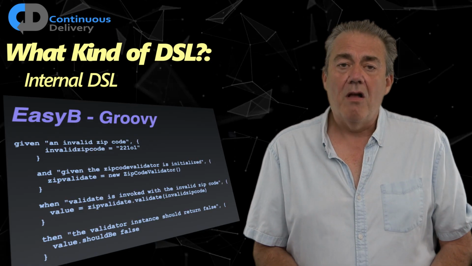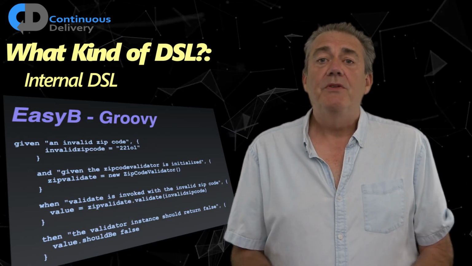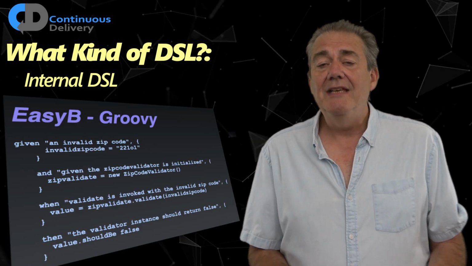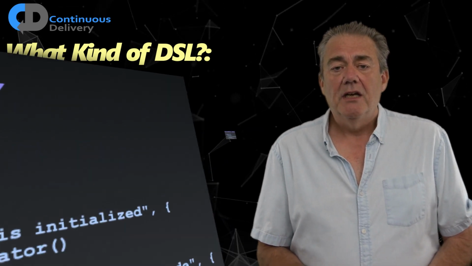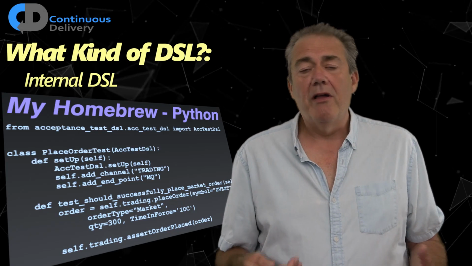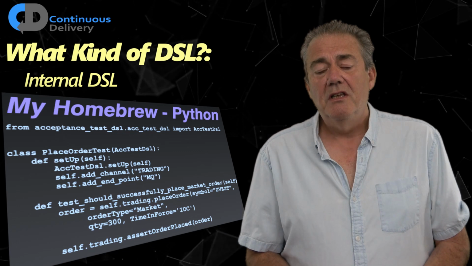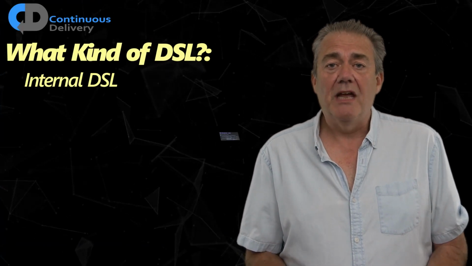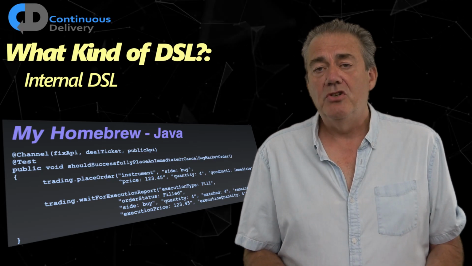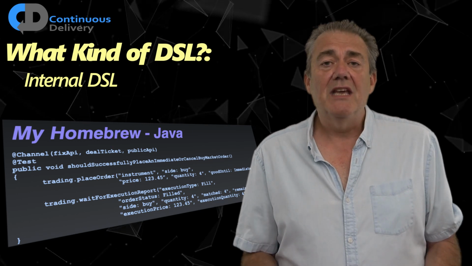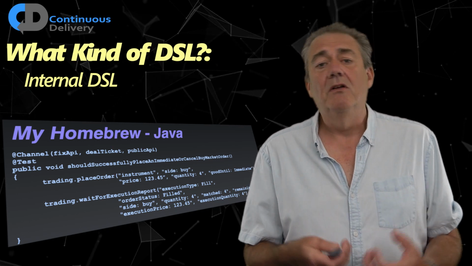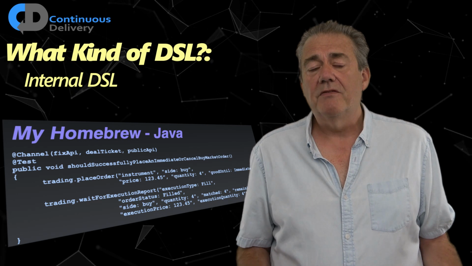This is based on an open source toolkit called EasyBee, which is written in Groovy. And here is one of my homebrewed versions using Python and another written in Java. You can see that these are still fairly expressive pieces of code.